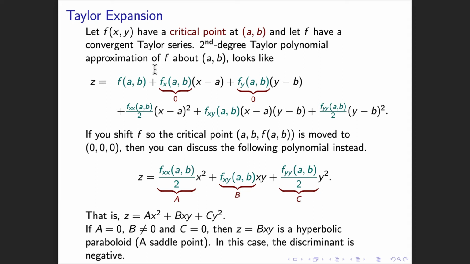What we do in the next two pages is assume that either A is not 0, or B is not 0, or C is not 0.